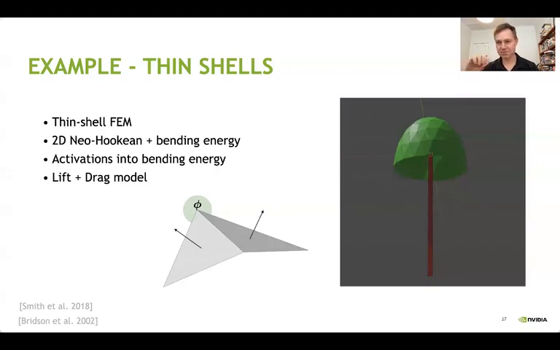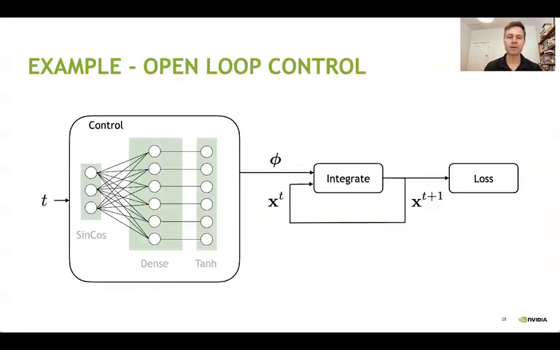So here, this is a little jellyfish that I modeled up in Blender on the right. And the goal was to teach the jellyfish to swim by actuating its bending modes. And so we can write a small neural network to do open loop control on these parameters.